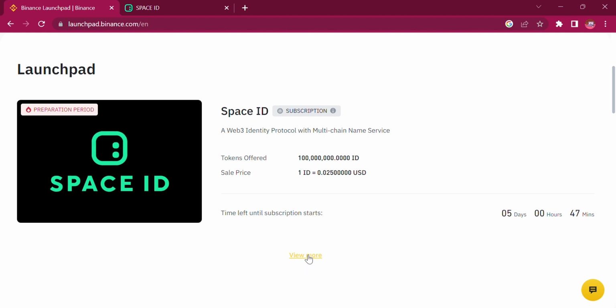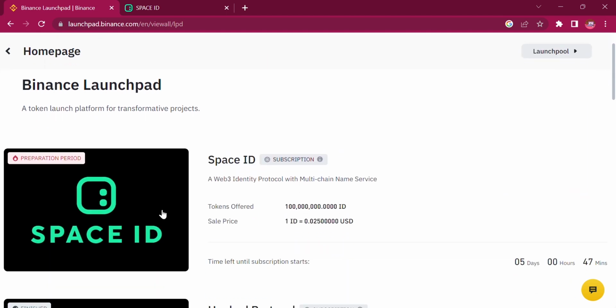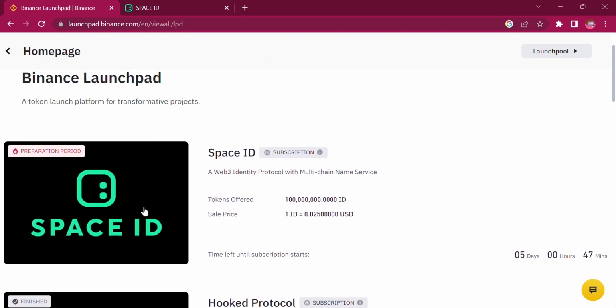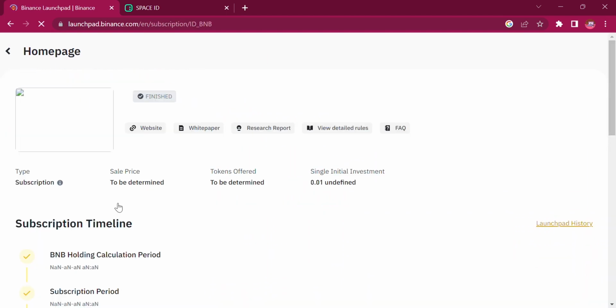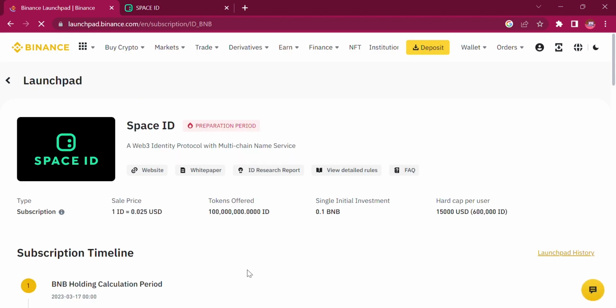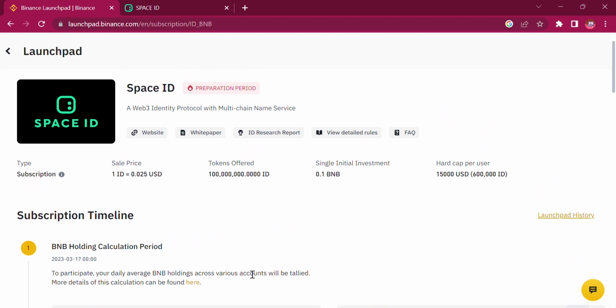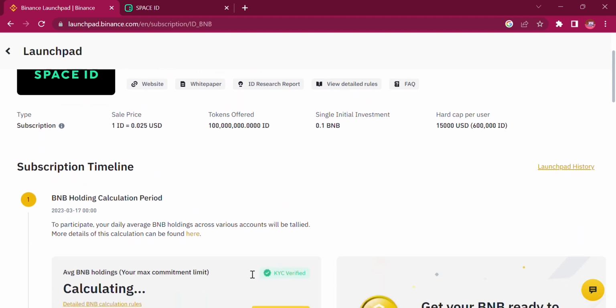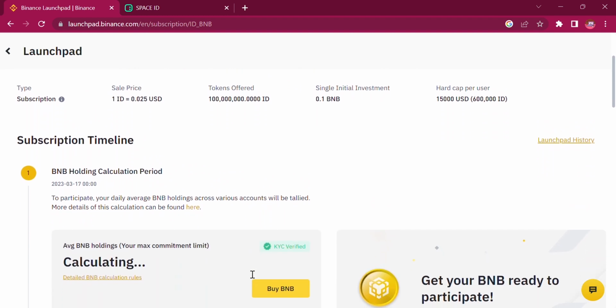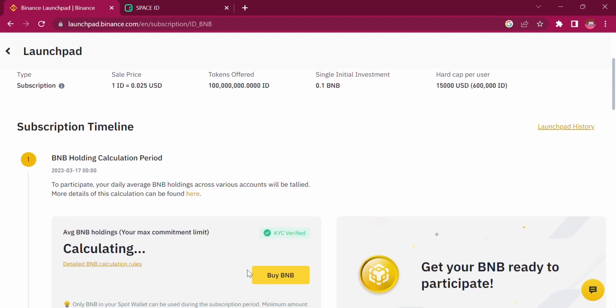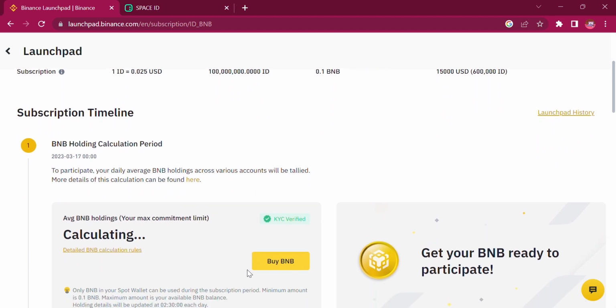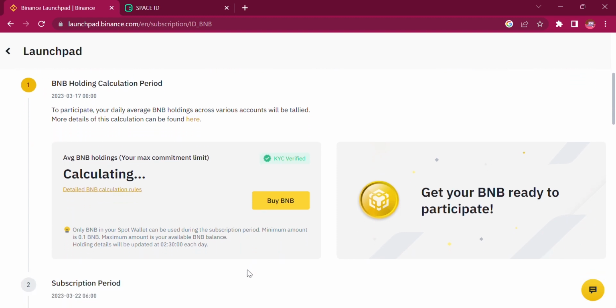So let's view more. When we view more, we have more information about this particular Space ID. We have a subscription timeline, right? What this basically means is that in order to participate in this, for the next 5 days, Binance is going to record the BNB balances for every user.